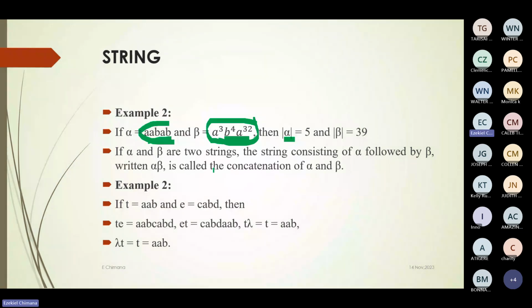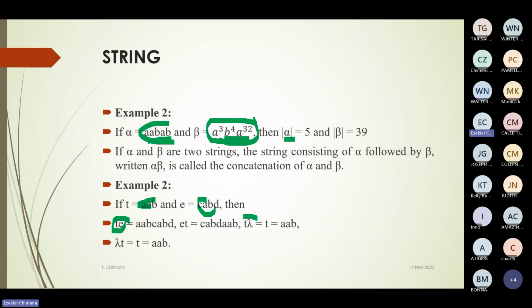So if T is equal to AAB and E is equal to CABD, then TE, you are joining T and E, and also take note of the order, it's TE. So it will be AAB and then CABD. We are just appending this one at the end of this. If it is ET, it's just vice versa. We are taking T and putting it at the end of E.